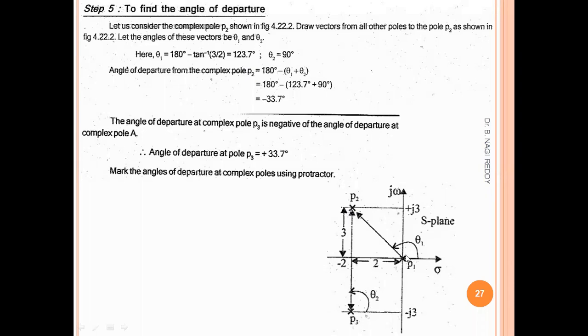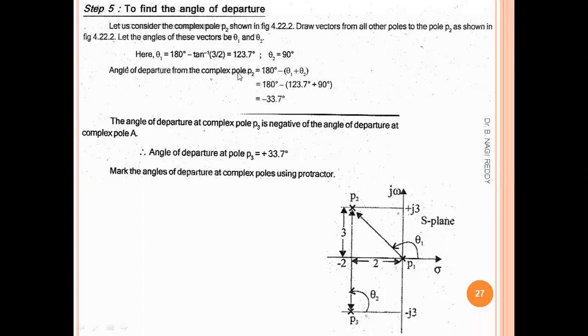Theta 1 is the angle that pole P1 is making with P2. Theta 2 is the angle that pole P3 is making with P2. Substitute those values: 180 minus these angles, and we will get minus 33.7 degrees as the angle of departure.